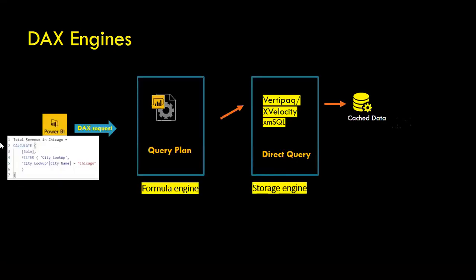For example, this is your DAX query, total revenue in Chicago. On the right side of the equal sign, you can find the calculate function. Here, you want to find out the total sales in Chicago. This is the DAX query you have written as part of your measure. Once you write a measure and drag and drop it into your visual, behind the scenes there is something called the formula engine.